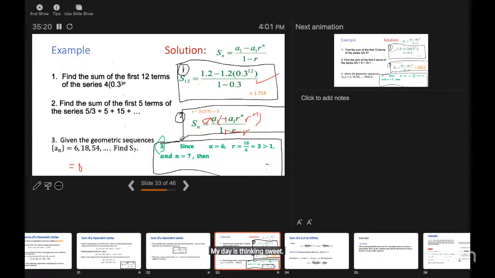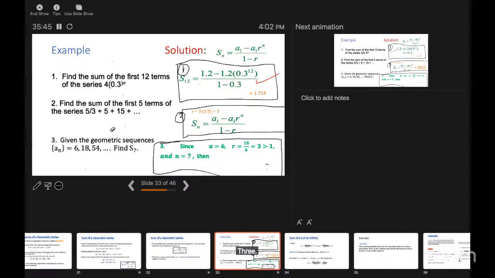So, number 2. What is our A? Our A is 5 over 3. What is our common ratio? That is 3.